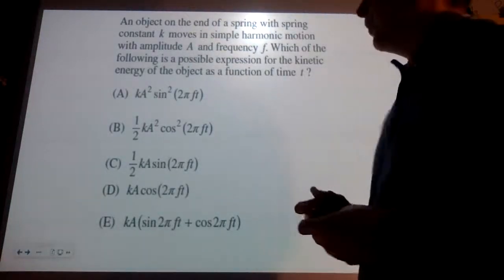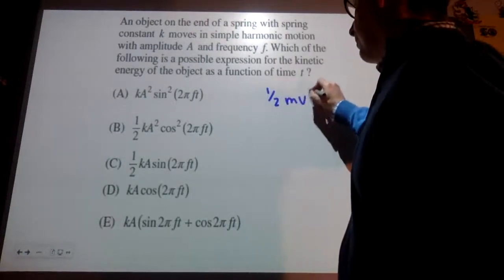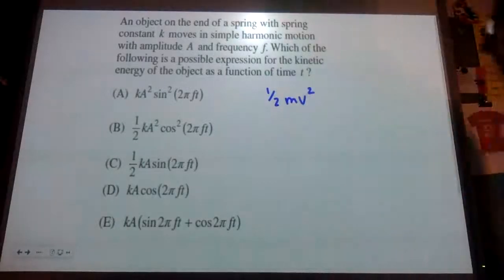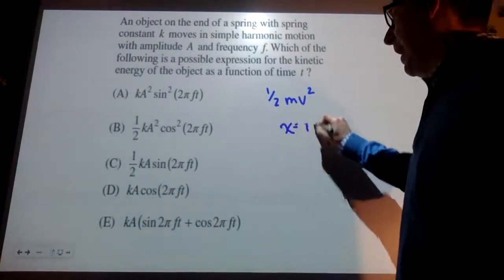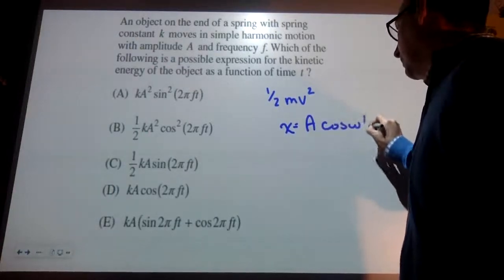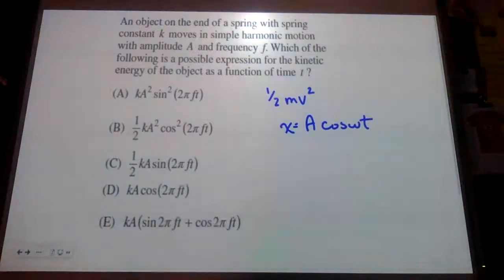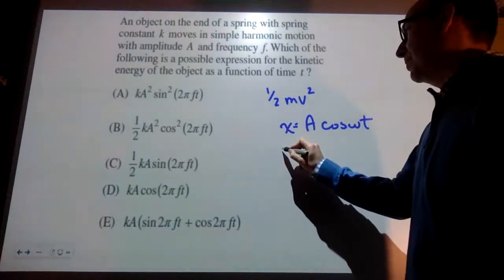Okay, so kinetic energy is 1/2 m v squared. We're saying that x is A cosine omega t. So v is the derivative of this, right?